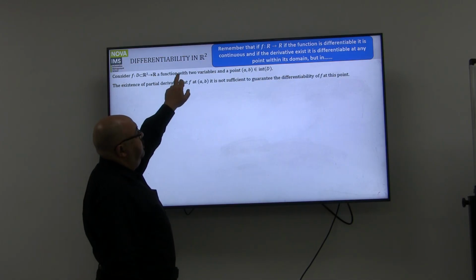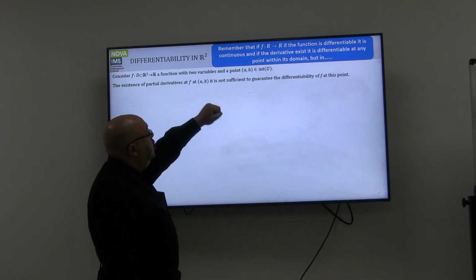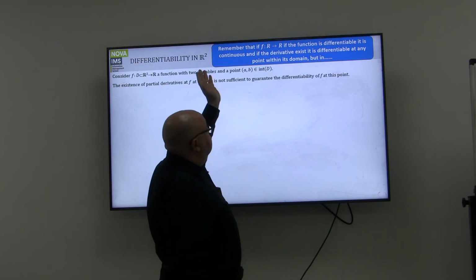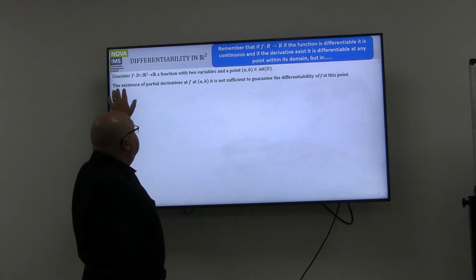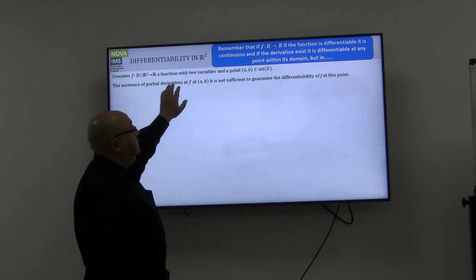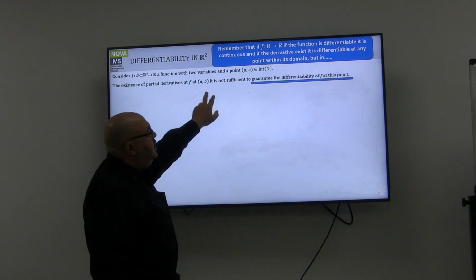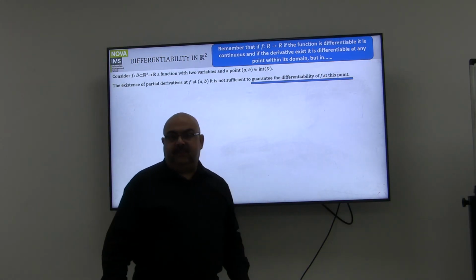For a function with two variables and at a point A, which belongs to the domain of definition of this function, the existence of partial derivatives of f at the point is not sufficient to guarantee the differentiability of f at this point.